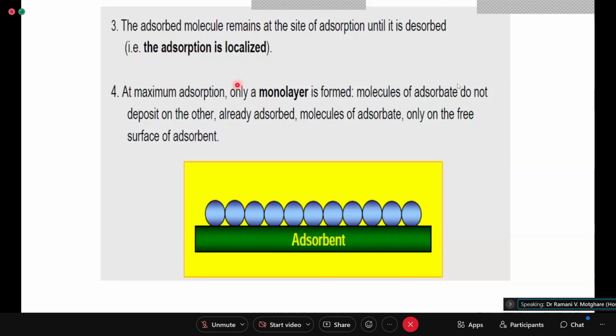At maximum adsorption, only a monolayer is formed. Molecules of adsorbate do not deposit on already adsorbed molecules, only on the free surface of the adsorbent. That is, whatever is free, only there will adsorption take place.